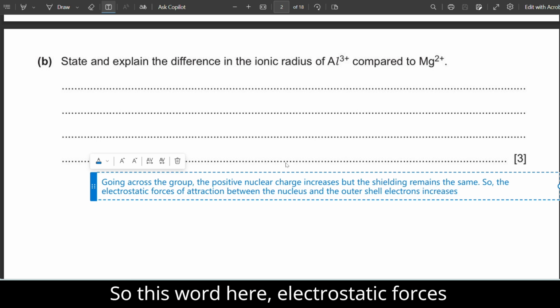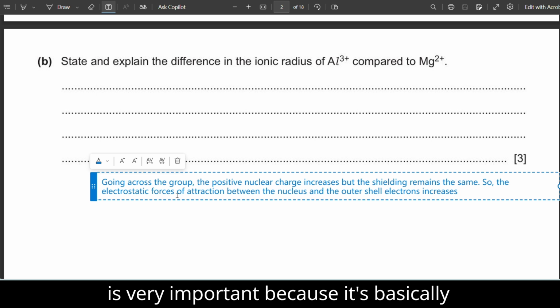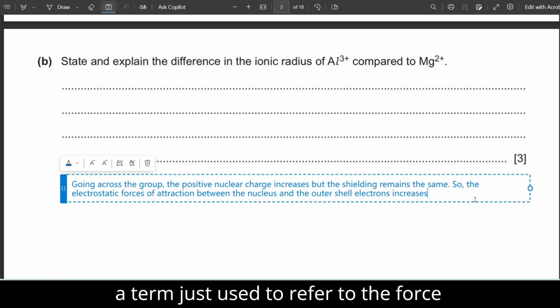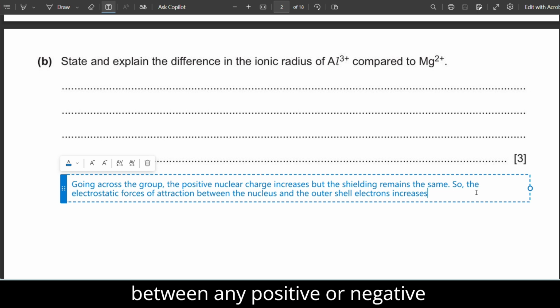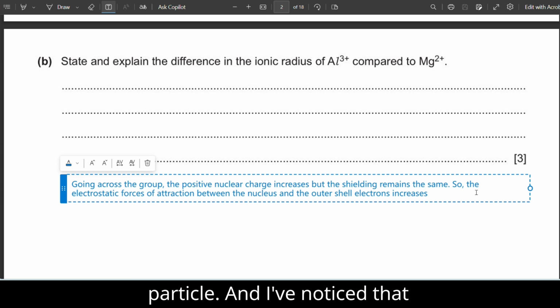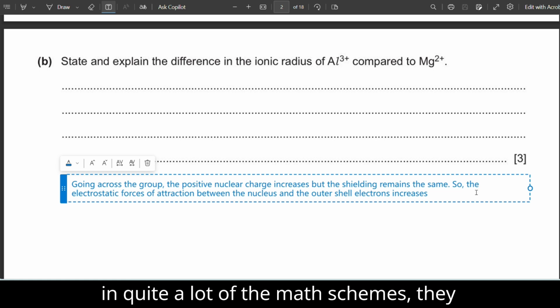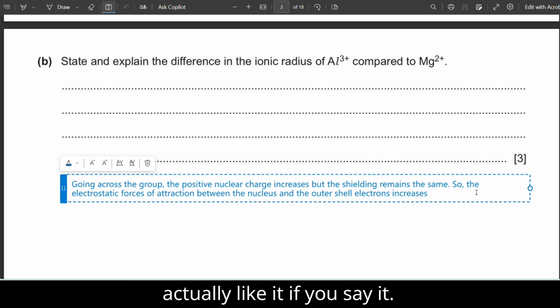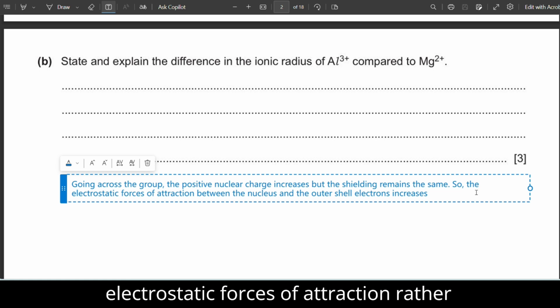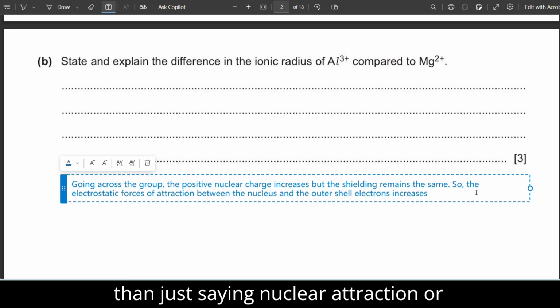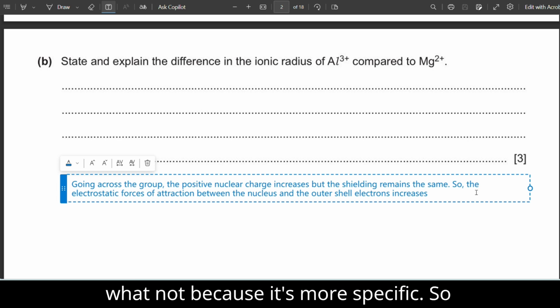This word here, electrostatic forces, is very important because it's basically a term used to refer to the force between any positive or negative particle. I've noticed that in quite a lot of the mark schemes, they like it if you say electrostatic forces of attraction rather than just saying nuclear attraction, because it's more specific.